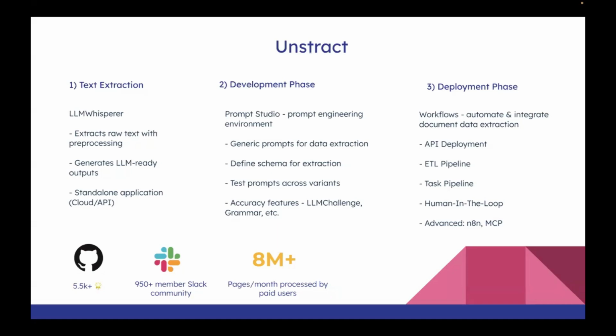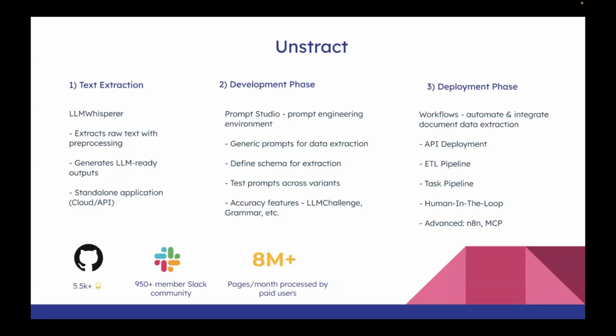Now, LLMs understand the context of the document just like how humans would. So the best way in which you can feed the raw data would be to preserve the layout that was present in the original document. And that is exactly what LLM Whisperer is known to do. And LLM Whisperer is also available as a standalone application, depending on our users' needs.